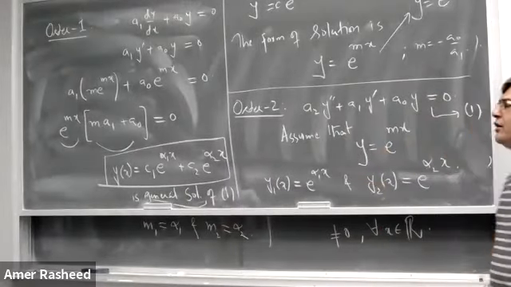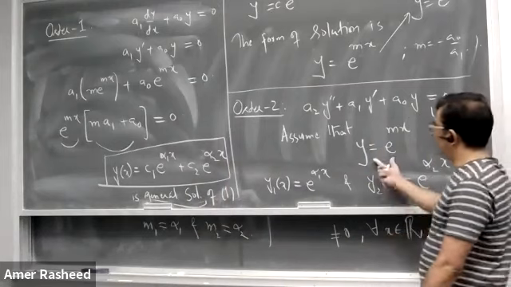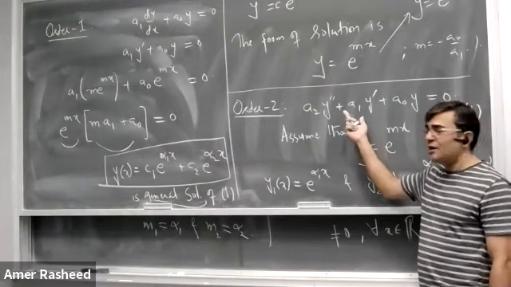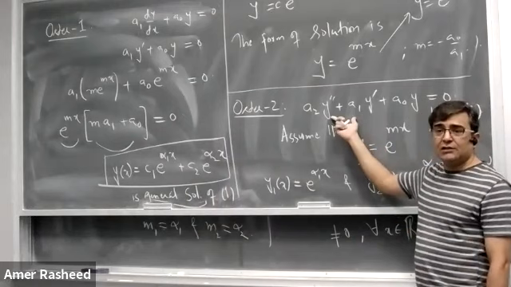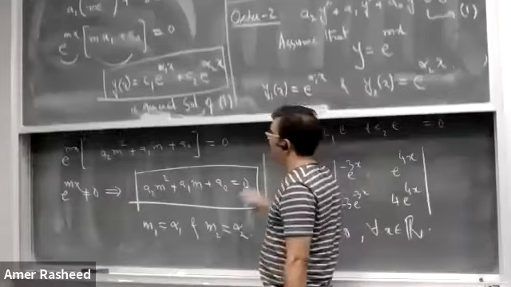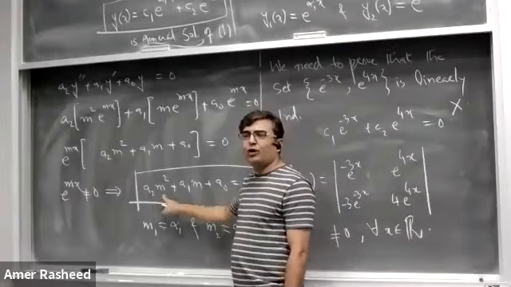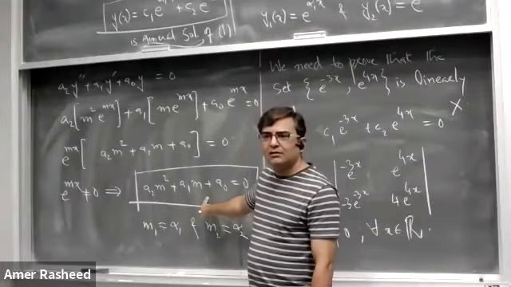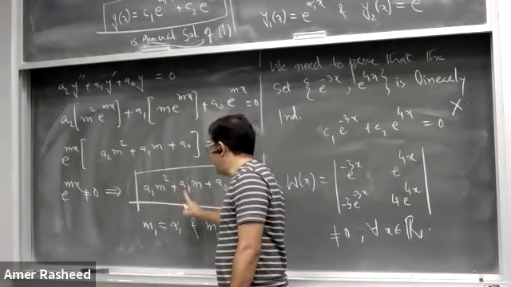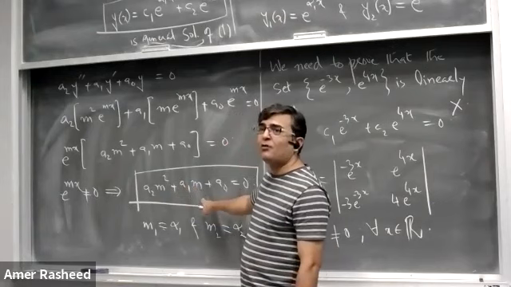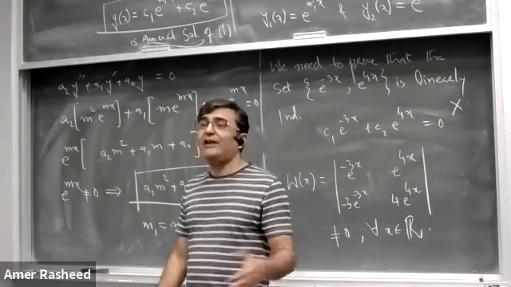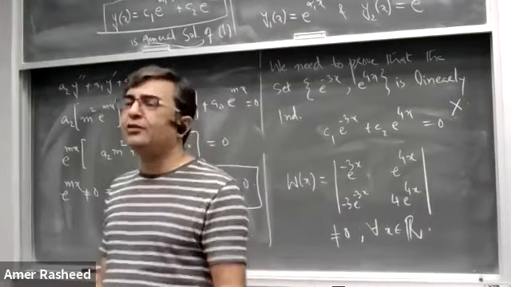Now, in case of order 3, we assume the same solution of the third order differential equation. We put that solution in that third order differential equation, and we arrive at a polynomial in m of degree 3, which will have at most 3 roots.